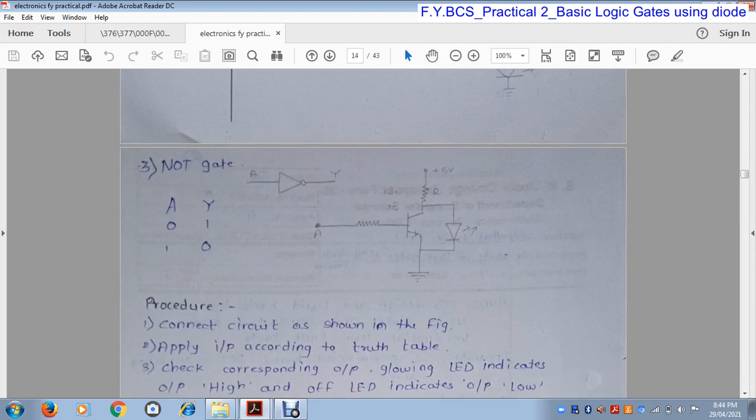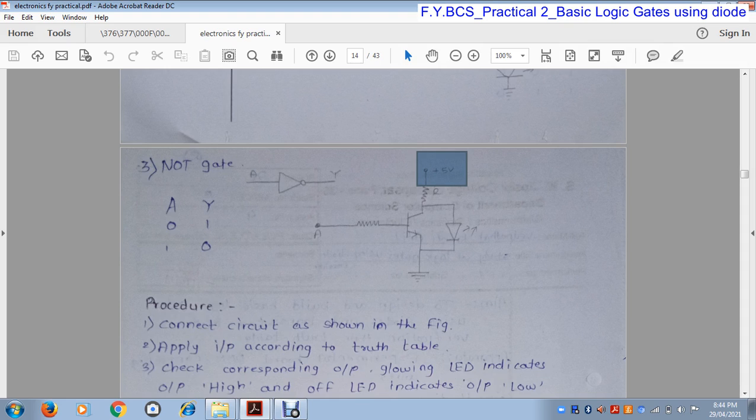Now the next condition, when the input A is 1. When the input is 1, that means it is 5 volt. The 5 volt is provided across the base of the transistor, and when the transistor gets base input, it is activated and all the current provided by the 5 volt supply flows through the transistor.